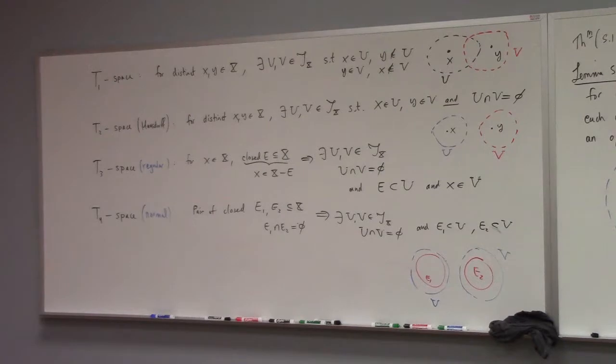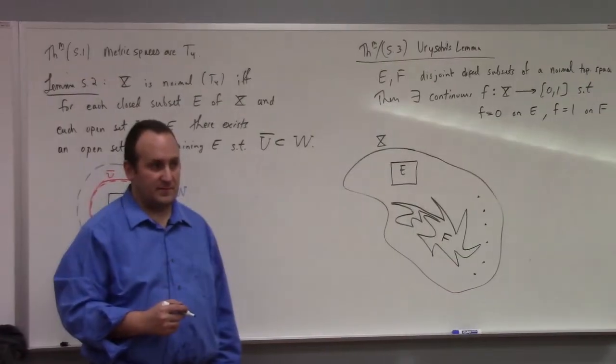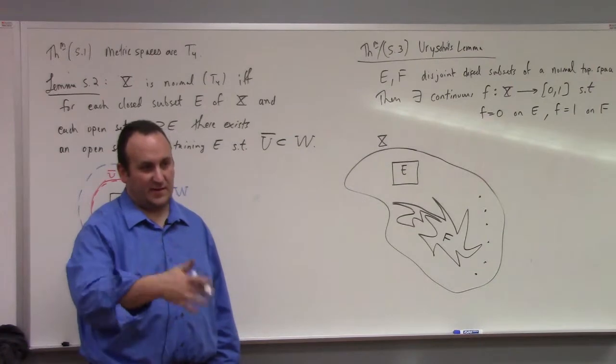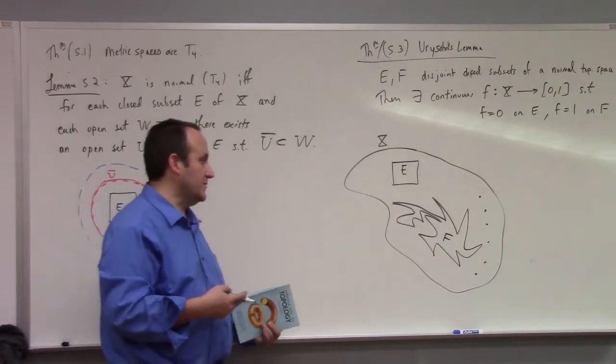So to draw a picture of what's going on here, I don't know what X looks like. It could be whatever. And this could be E, and these points, F. Closed sets are kind of like out there. You could take a closed set union a discrete spectrum of points and it's still closed.